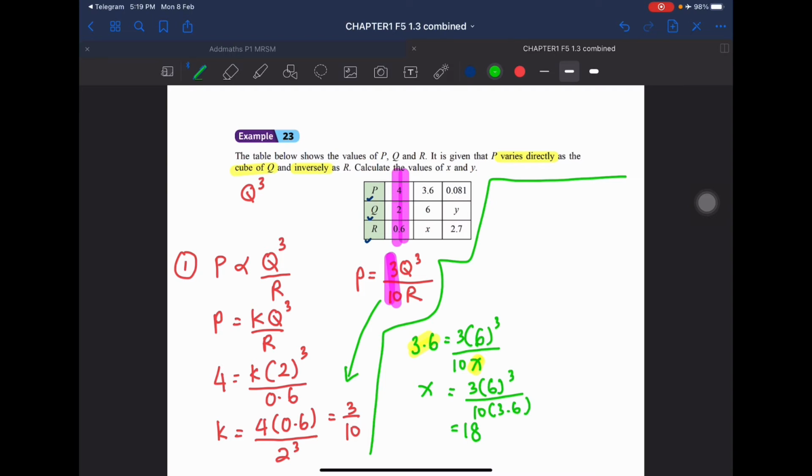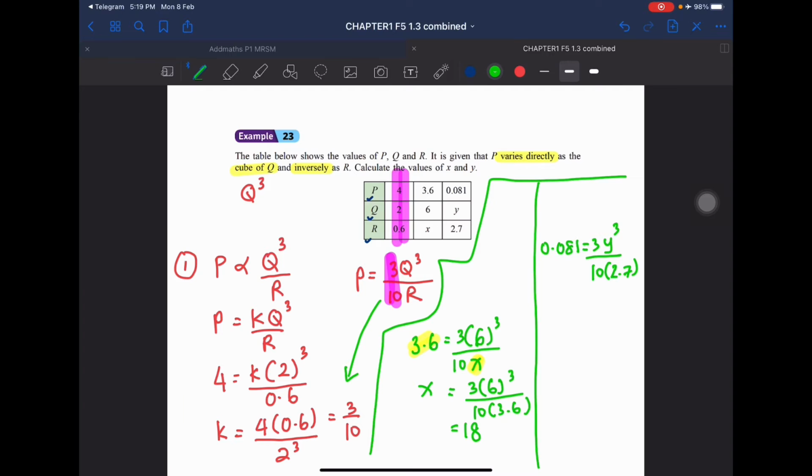Next, same with how to compute the value of y. So you substitute in your values. So p is 0.081 is equals to 3, q is y cube over 10 times 2.7.